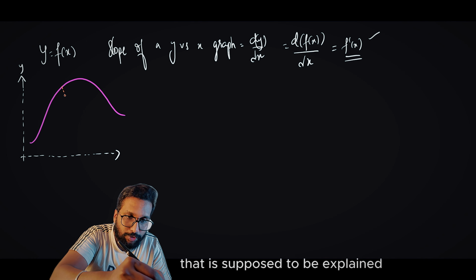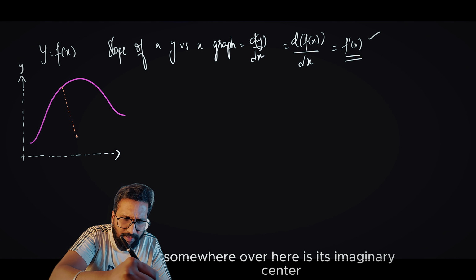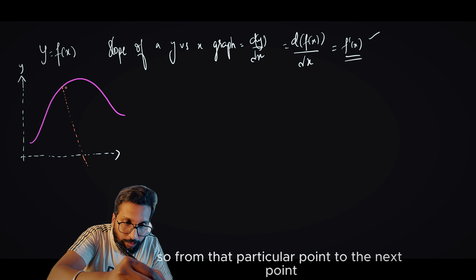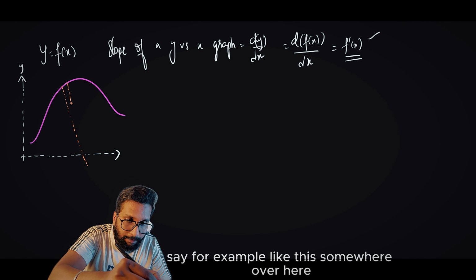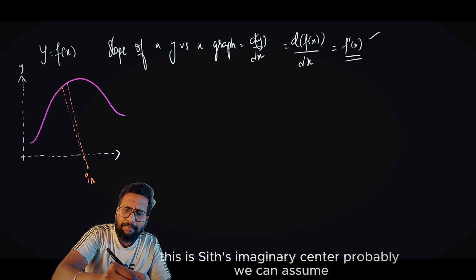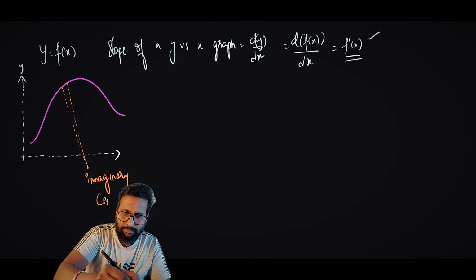That is supposed to be explained. Say for example, somewhere over here is its imaginary center, let us say, right? From that particular point to the next point, say for example, like this, somewhere over here. This is its imaginary center, probably, we can assume.